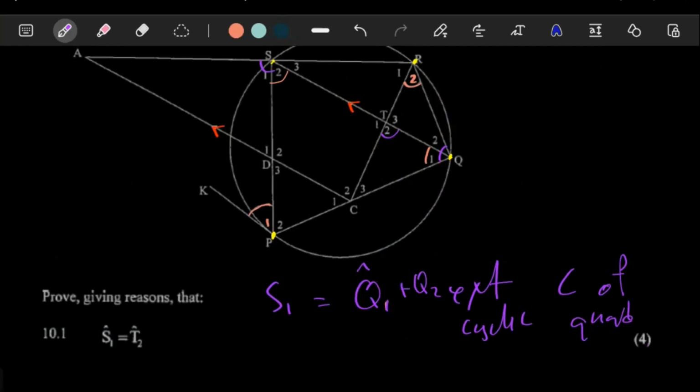And then what else do we know? We also know that S2 is equal to Q1, but how is that useful in any way? That is quite interesting.